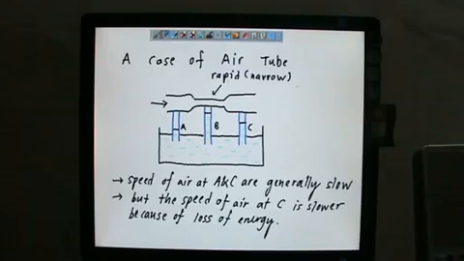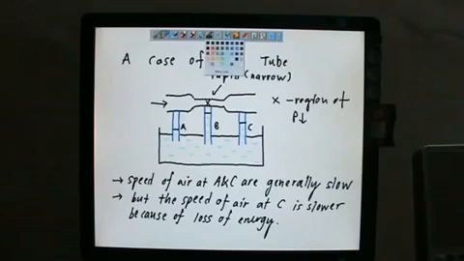When you move very fast, you have a region of low pressure. When you have a region of low pressure, the atmospheric pressure seems to be pressing the water so that it will rise up even more.